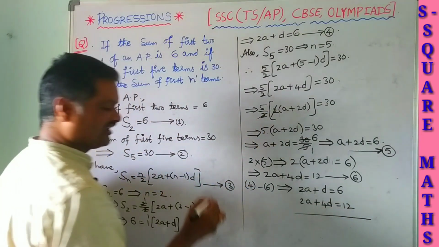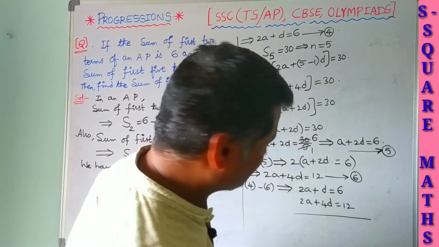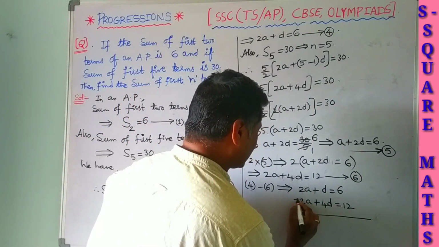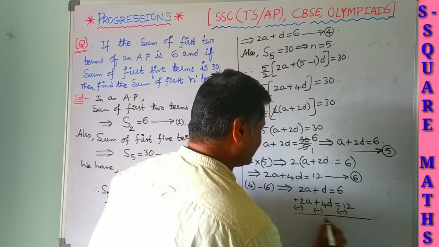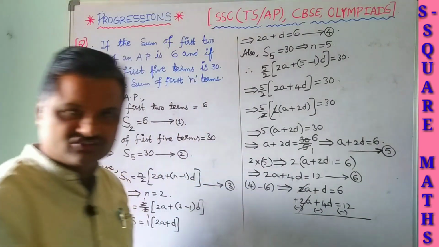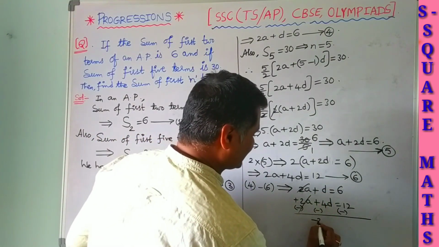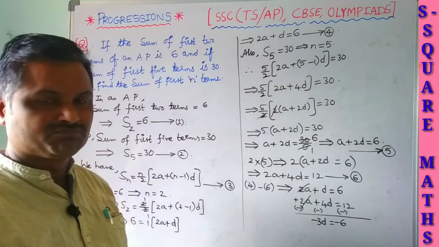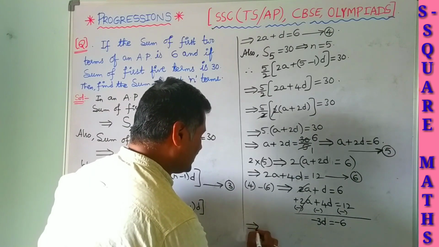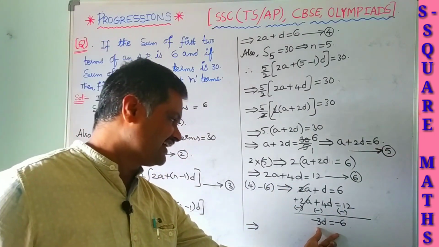Between equations 4 and 6 we are subtracting, so we have to change the signs. 2a minus 2a is 0. 1d minus 4d is minus 3d. Minus 3d is equal to minus 6. So after eliminating the variable a, we got minus 3d is equal to minus 6.